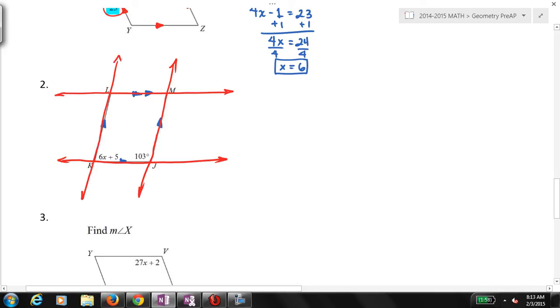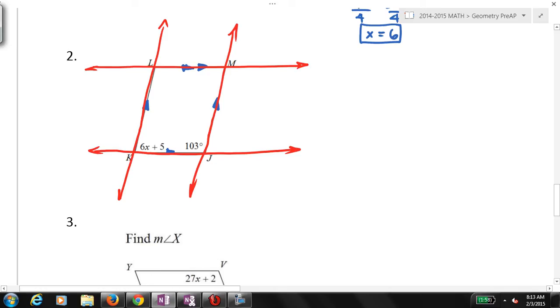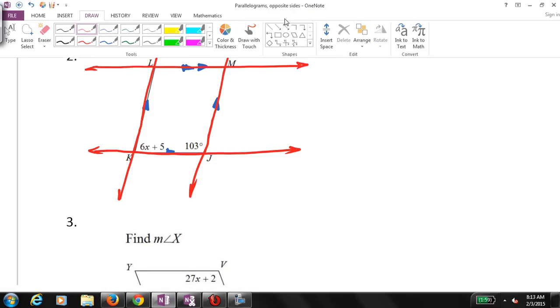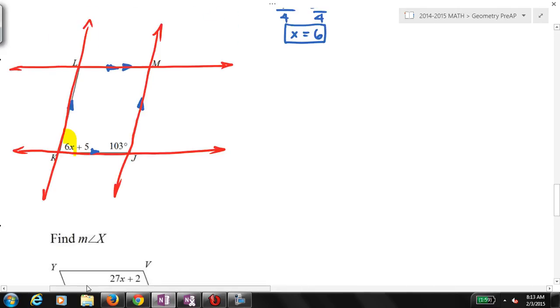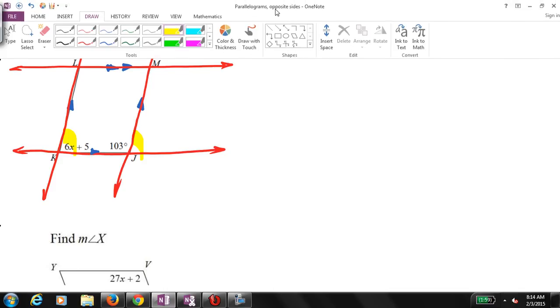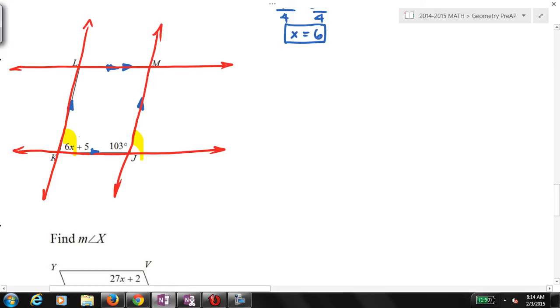And we've done these problems before, where if you have two parallel lines, if I were to take this angle right here and this angle over here, I know that those are corresponding angles. So right here, these are corresponding. And if you remember corresponding angles, they are congruent.